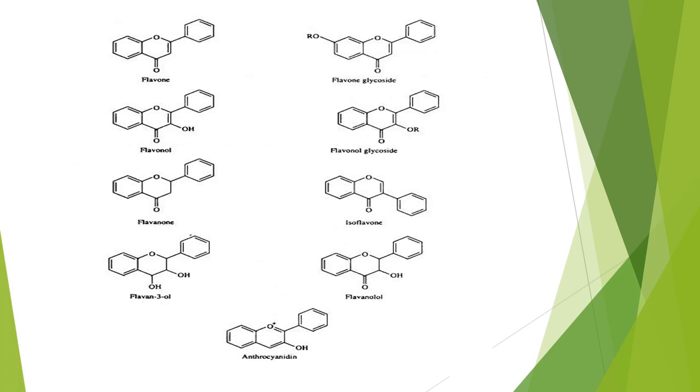Then you can see the structures of flavone glycoside, flavonol, flavone, isoflavone, flavan-3-ol, and anthocyanidin, and how they are drawn.